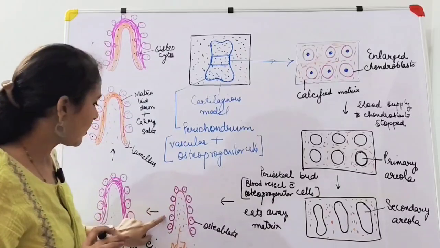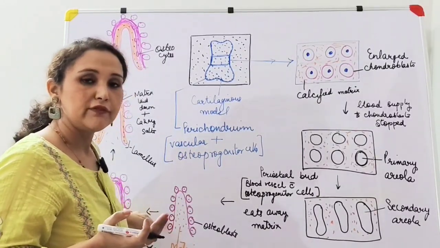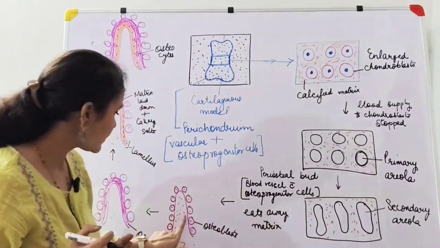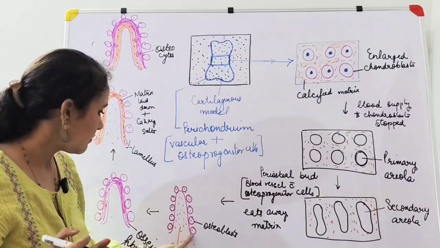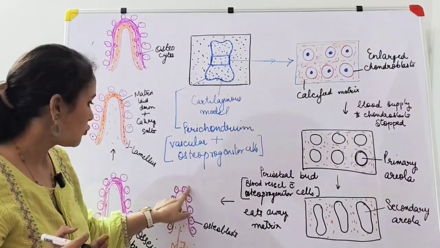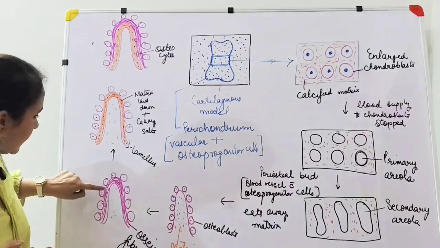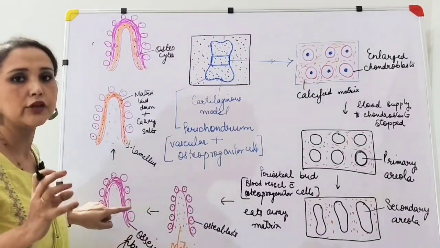Now the next step occurs. The osteoprogenitor cells differentiate into osteoblasts. So this remnant matrix is this, right? And there is a periosteal bud. These cells are osteoblasts. What will osteoblasts lay down? They will lay down the ossein fibers, that means the collagen fibers with a special protein.